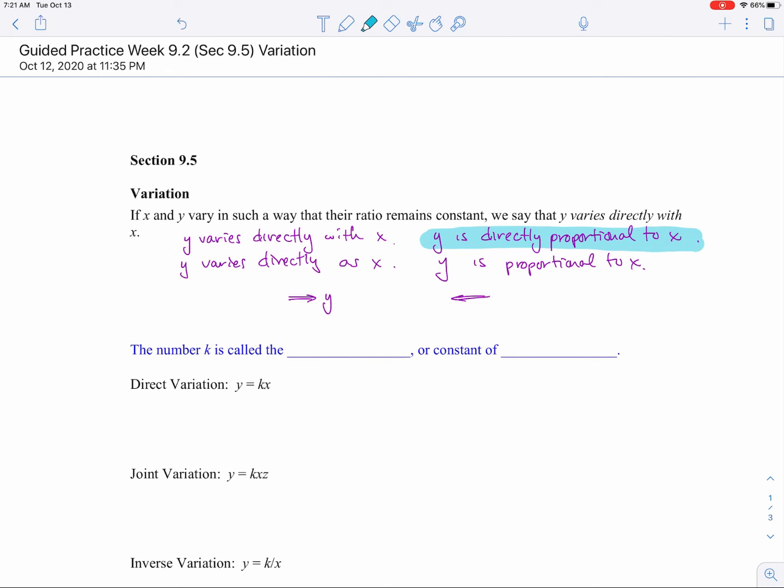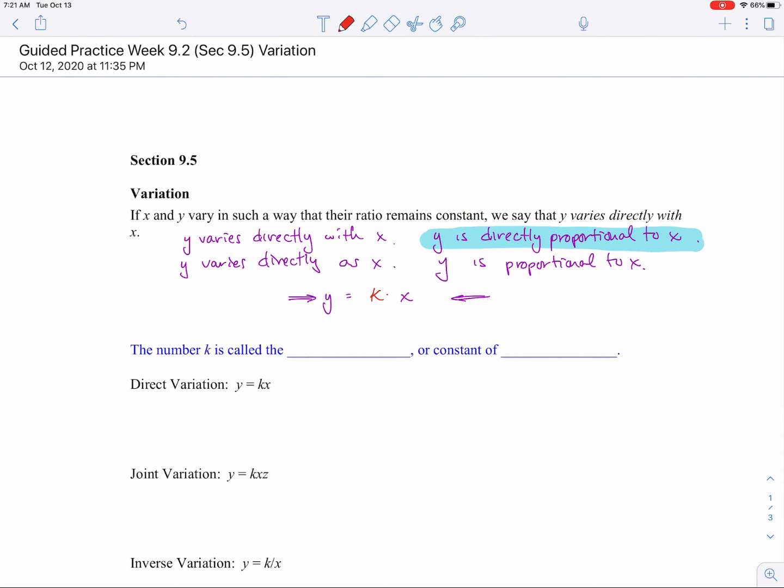Varies directly as, or varies directly with, when rewritten as y is directly proportional to, means that it's almost equal to x. Y is directly proportional to x. It's not the same thing as y equals x.